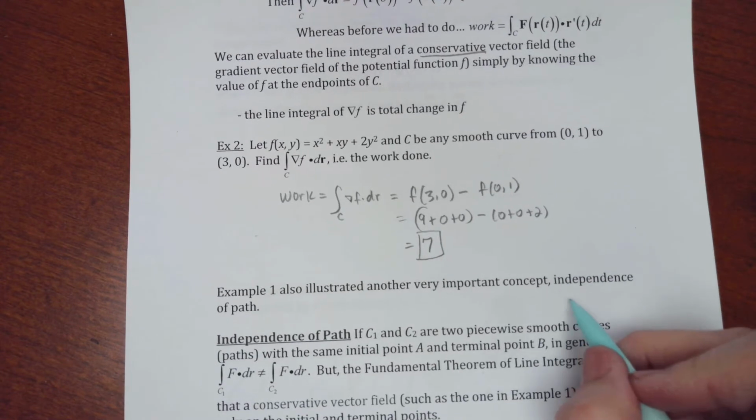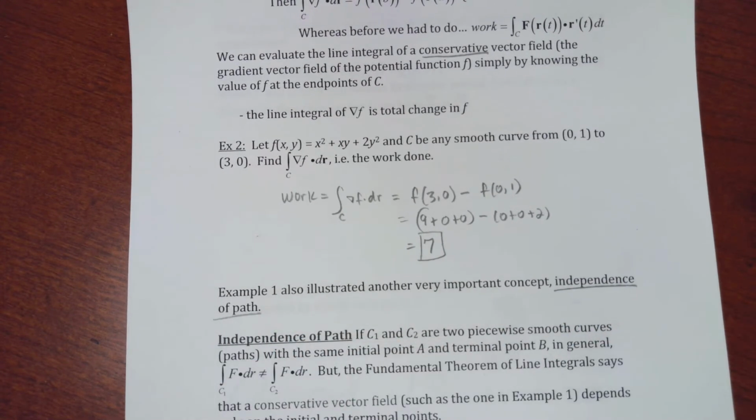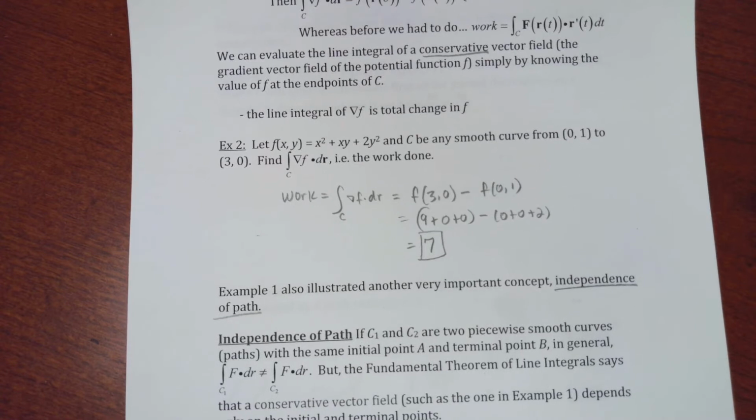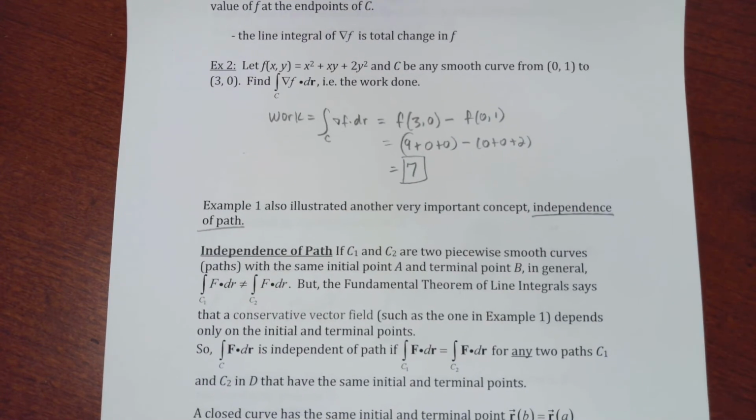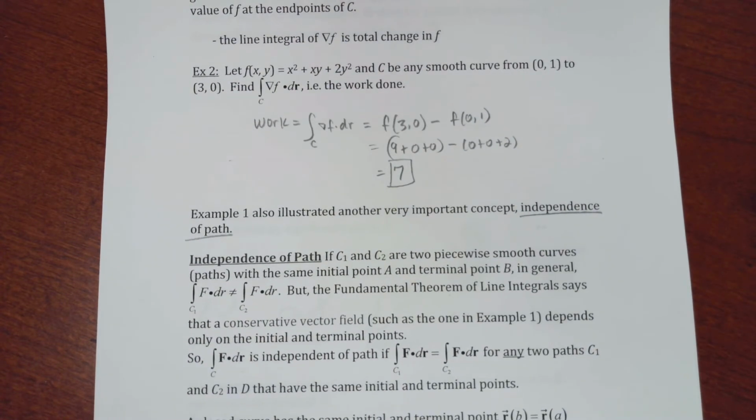Independence of path for conservative vector fields. All right, so independence of path. C1 and C2 are two piecewise smooth curves with the same initial point and terminal point.